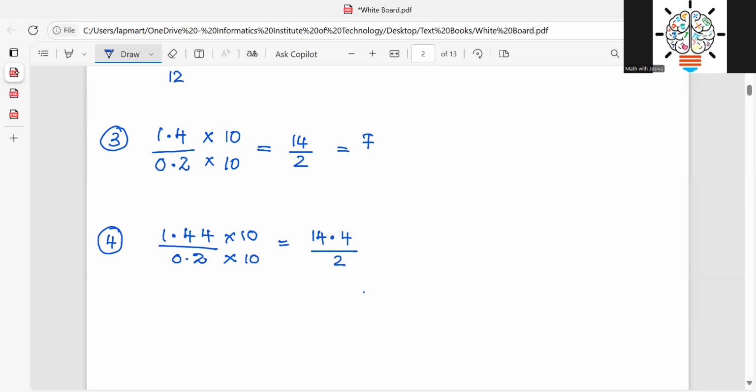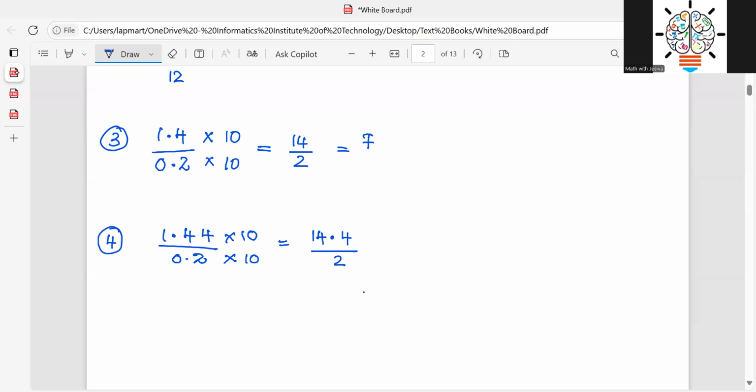So then it doesn't matter. Some students, they try to multiply this by 100 because in the numerator, you have 2 decimal places. Don't do like that. Whether you are multiplying by 10, 100, or 1000, whatever it is will be decided by the number of decimal places you can see in the denominator, children, not the numerator.